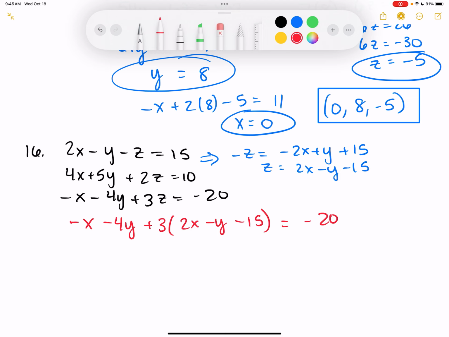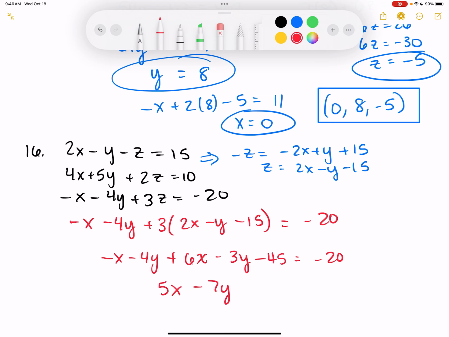Because we're basically going to end up doing substitution twice and then elimination from there. So then negative x minus 4y plus 6x minus 3y minus 45 is equal to negative 20. So then 5x minus 7y is equal to 25. So then this is one equation that we're working with.